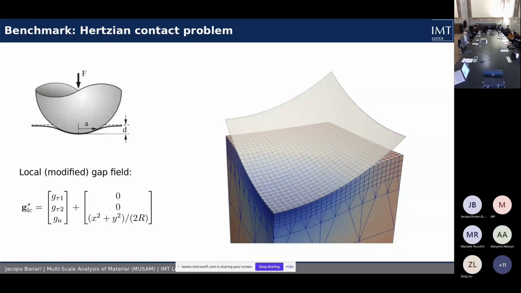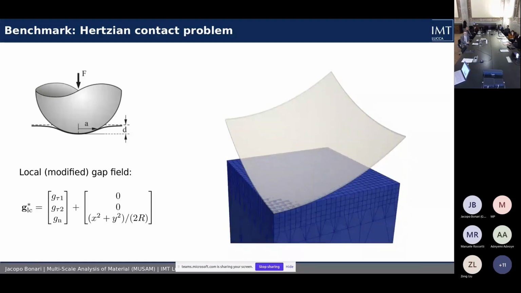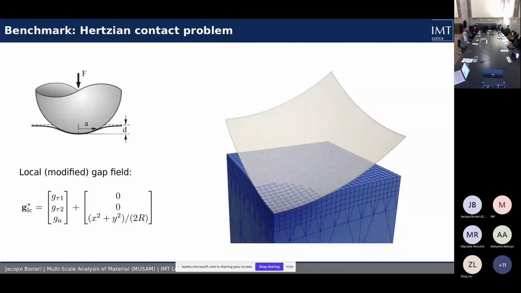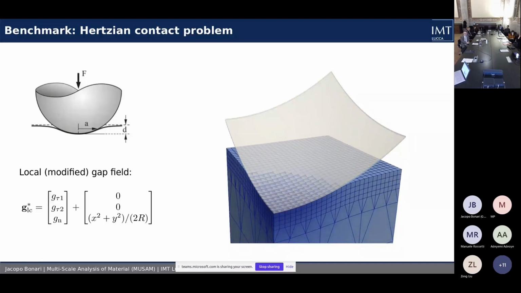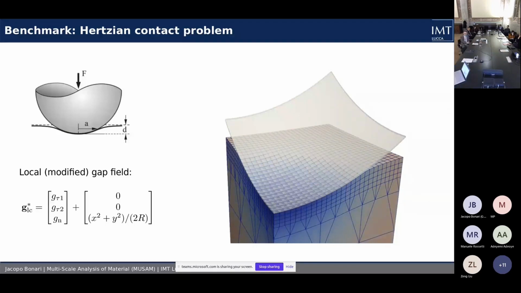And the result, in physical terms, is this. Here we have our elastic bulk, which is part of the problem.